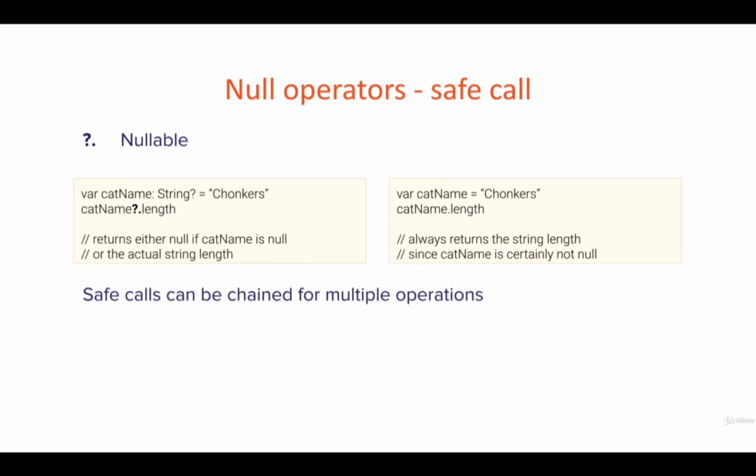Now, safe calls can be chained for multiple operations. So if you want to do something extra to this length result, you can do it, but make sure that you know that this length can be null as well. So we can simply use the same operator to chain operations together. Something like this, cat name?.length?.toString if that's what we want. If we don't have a nullable value, we can simply chain them by dot.